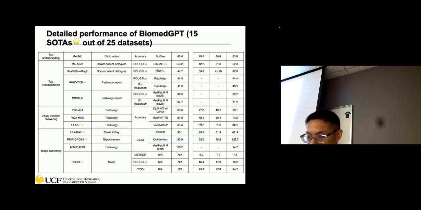Or for applications like pre-screening, you can use the Biomed GPT as a chatbot, so it can interact with the patient and do some initial consulting. The patient can quickly provide some symptoms, then the Biomed GPT can provide some initial suggestions, or suggest what kind of specialist you can see, right?